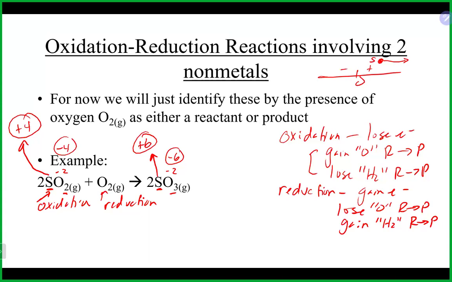And because they are sharing electrons, in the case of this one, the sulfur is sharing electrons with 2 oxygens to begin with. Oxygen is more electronegative, which means the electrons are going to be heading towards the oxygen, making the sulfur more positive.